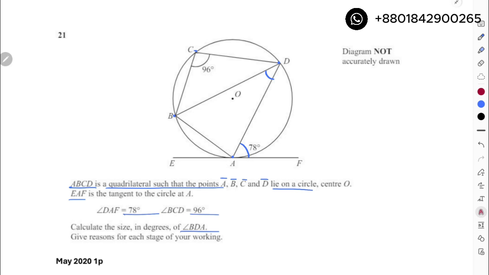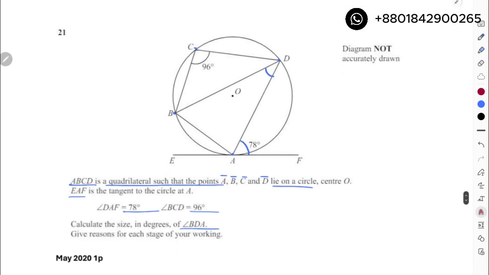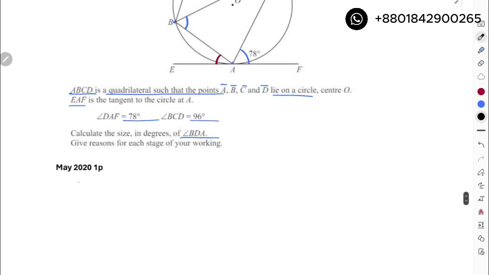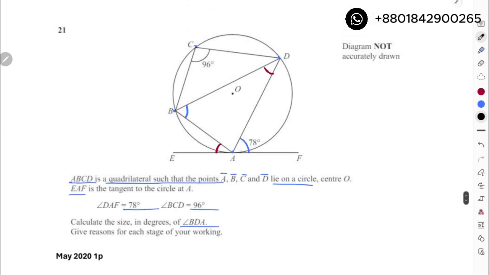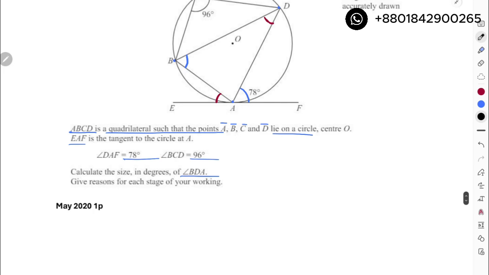Now, even without calculating this angle, we can find out this angle D. So I'm going to first find out that, this is the basic idea. If this is 78, this is 78, and whatever the angle for this red line is, that will be equal to your angle BDA. Okay. So now first thing, I can understand that obviously ABCD is a cyclic quadrilateral, right? So in that case, angle BAD is going to be 180 minus 96.